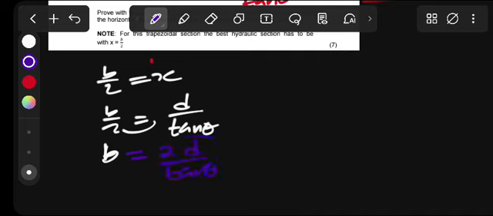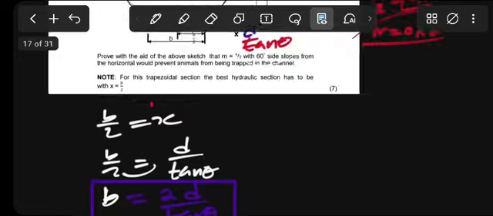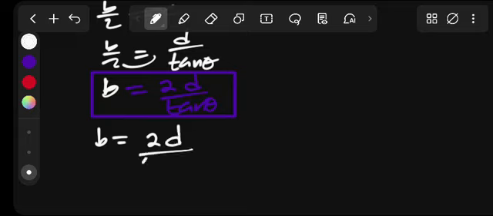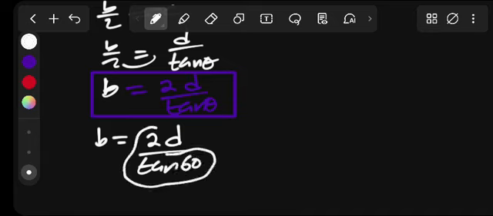So actually this is the equation you're supposed to know. You can cram it if you want to, but I don't expect you to cram it. So our B will be equal to 2D over tan theta. We don't know D. They say the angle is 60, so you simply punch this on your calculator.